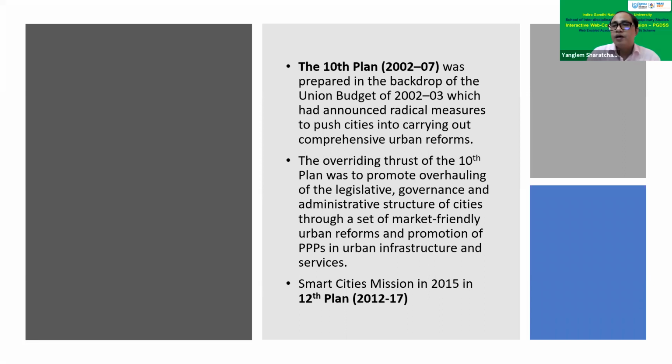Then in the evolution, we strengthened our local bodies for effective implementation of the urban planning and management process. Then the aim that everybody should have a house, the housing for all program. And now we're talking about redesigning all cities, that is our Smart Cities Mission, giving whatever infrastructure is possible in a sustainable way.